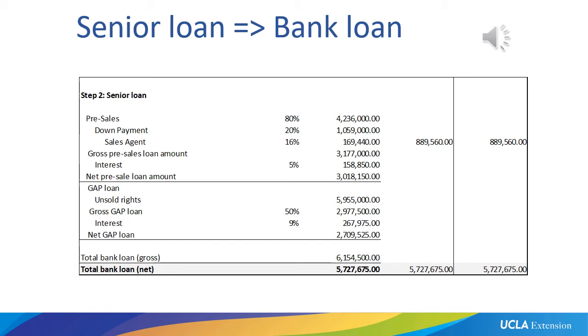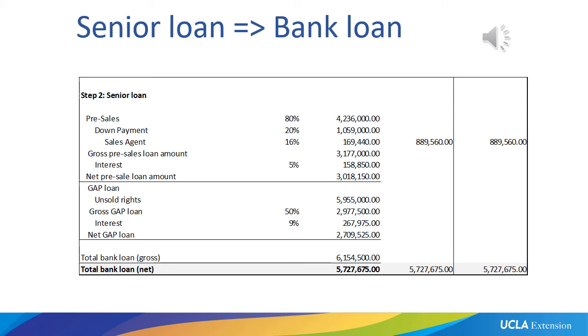The second part of our bank loan is the unsecured GAP loan. Unsecured because there is no pre-sale agreements standing against this loan as a collateral. The collateral here is our unsold rights. And again, we earlier established the unsold rights at take price level of $5,955,000. The bank will take 50% of that and assume that that's the maximum for them to lend to us, which is $2,977,500.